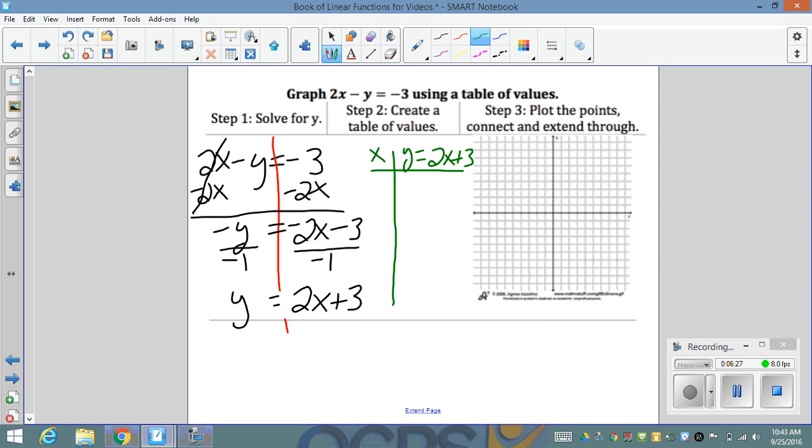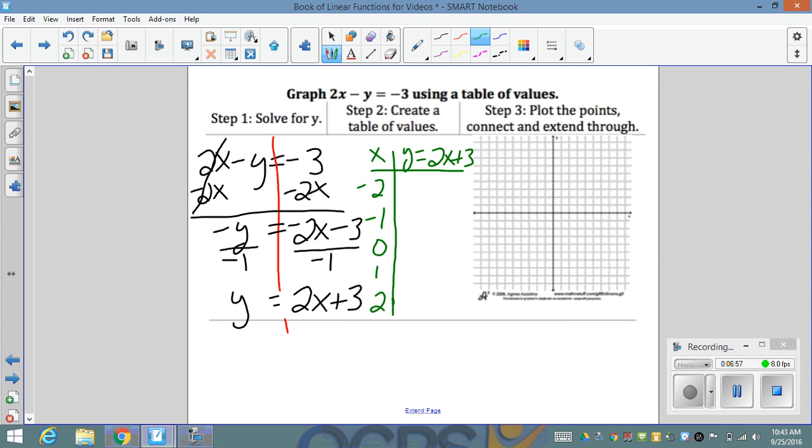I can really use whatever values I want, but I'm going to use small values so that they'll fit on this grid here. So the values I'm going to use for my table of values are negative 2, negative 1, 0, 1, and 2. I really only need to do 2 points. I'm doing 5 just to give us a good view of what we're doing.